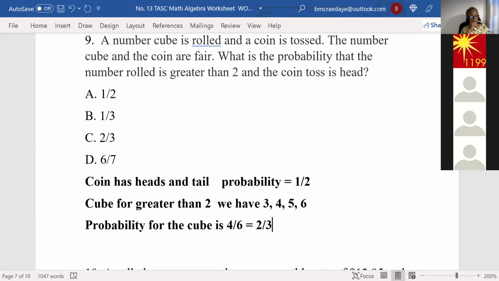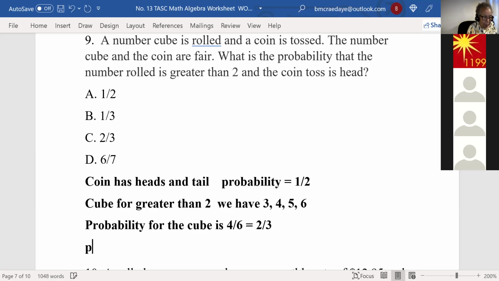All right. So whenever you have 2 independent events, and these are independent events, that means when you get a head, the next thing that you get is not dependent upon what you got before. It's still 1 over 2. So when you have 2 events like this, you multiply to get the probability.